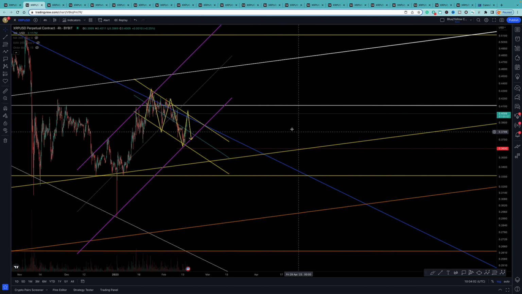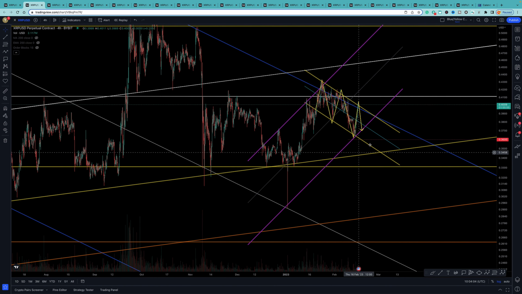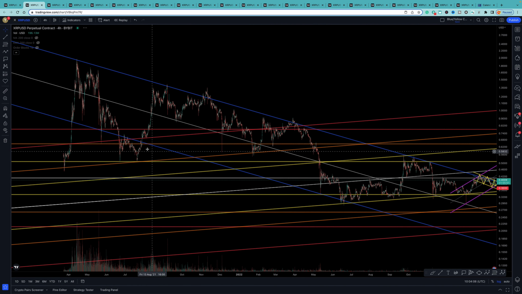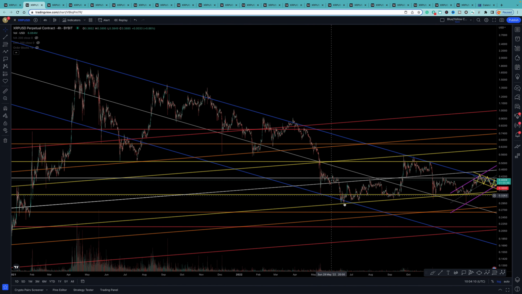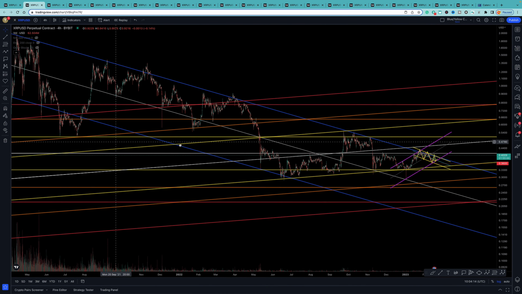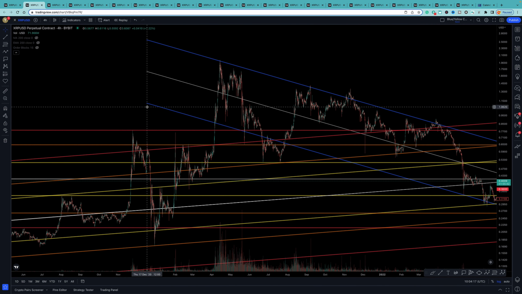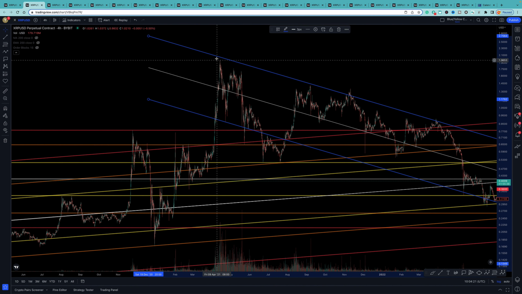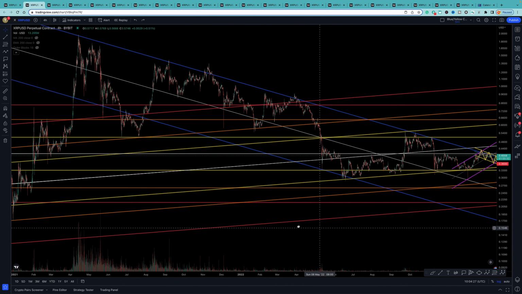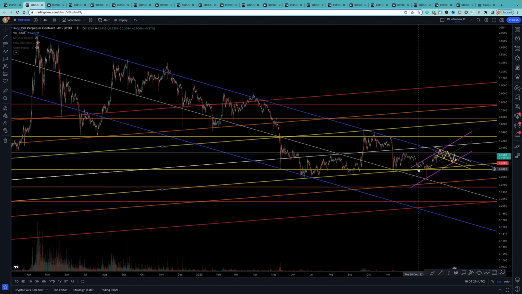On this descending channel here, we have 1, 2, 3, 4, 5, again possibly a 6 down here. If I really wanted to move this channel up to here, you could nearly say this is 1, 2, no, can't do it. Anyway, we've had 2 touches at the bottom here.